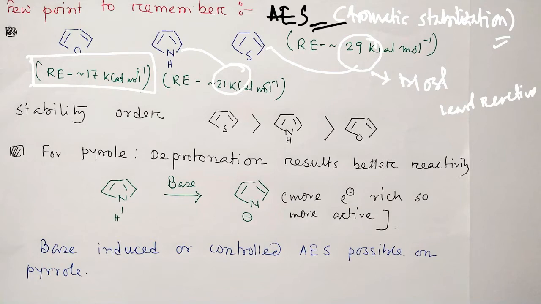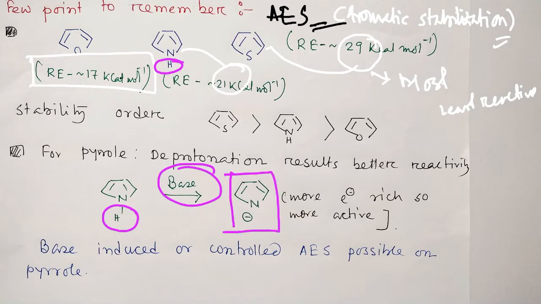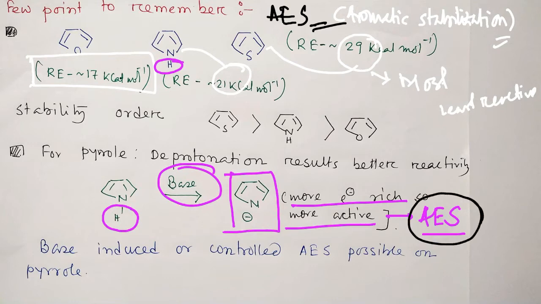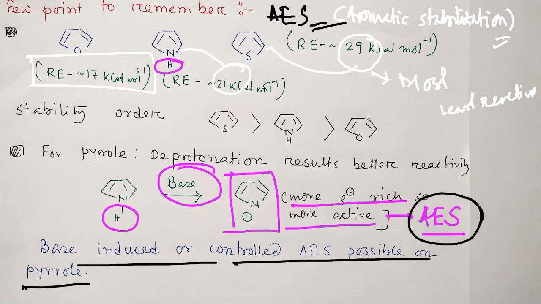Why? Because you can see there is one hydrogen, and that hydrogen could be deprotonated in presence of base, and if it's possible, then it will generate an anion which is more electron rich and more active for AES. And that's why I told that generally, because of this methodology, base induced control on AES is possible on pyrrole. What do I mean by the statement?